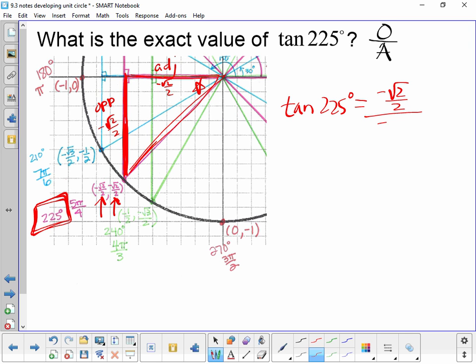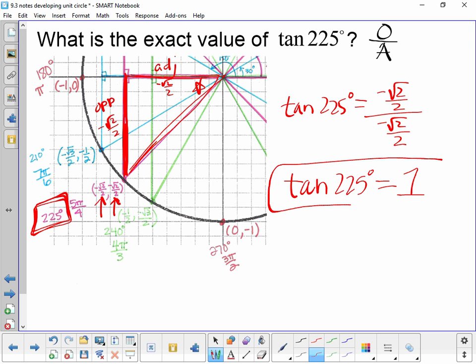The adjacent side was negative root 2 over 2. Well, if I have something, maybe that something is a negative root 2 over 2, and it's divided by itself, negative root 2 over 2, they're the same. Anything divided by itself is equal to 1. So tangent of 225 degrees is equal to 1.